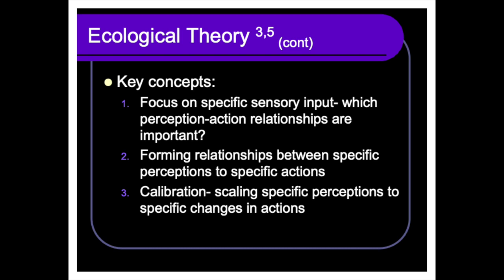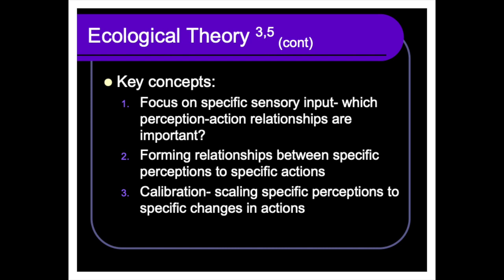When you're focusing on this input and going through repetitions of this task, you're forming or improving your perception about what that sensory input means. And then you're also learning which action assists you when you're getting a specific sensory or perceptual picture. So you're starting to figure out which perceptions and which sensory inputs are important as you're acting within the environment.